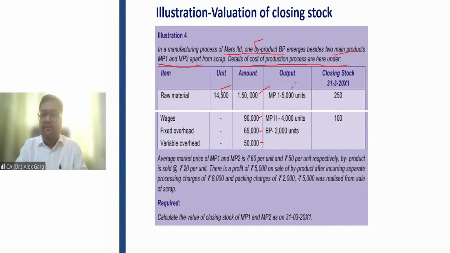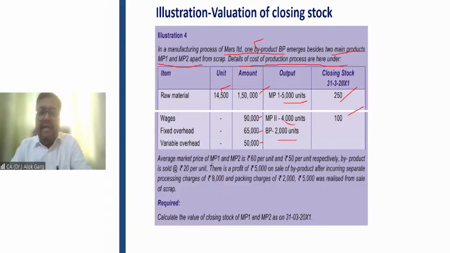MP1, the first main product, the output was 5,000 units and the closing stock was 250 units. MP2, the output was 4,000 units, the closing stock is 100. BP, 2,000 units. These are the production of the main products and byproduct.